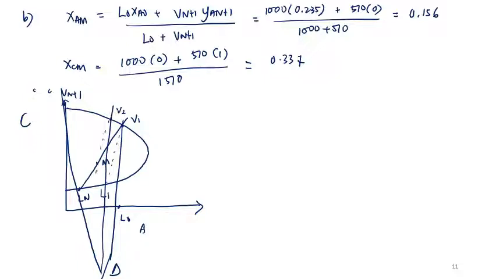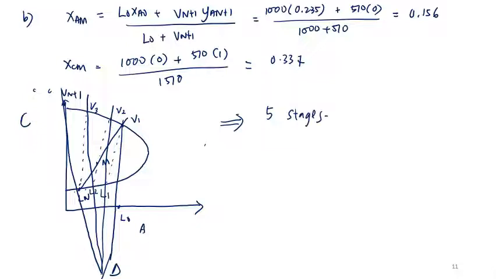Then you draw another tie line to get L2. Then from L2, you connect to get V3. Then draw another tie line, repeating the same step until you finish to L_N. But in this particular example, the final answer is about 5 stages.